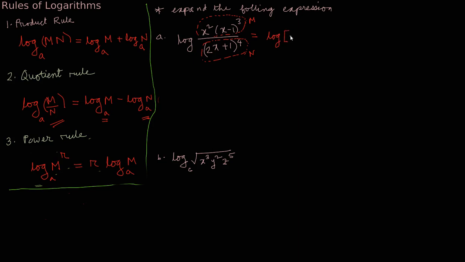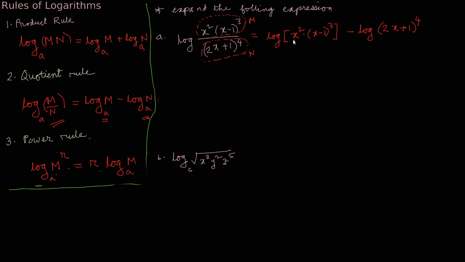My m is x square multiplied by (x minus 1) cube. So this is my m, and then minus logarithm of n. What is my n? It is (2x plus 1) power 4. So that is basically my expansion.